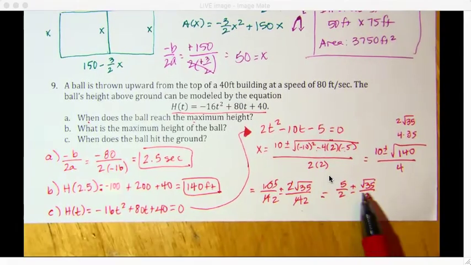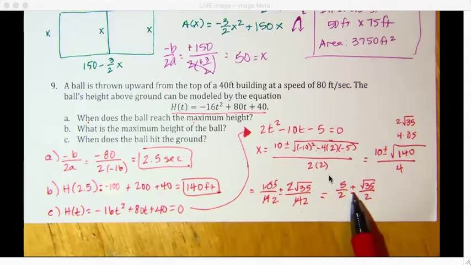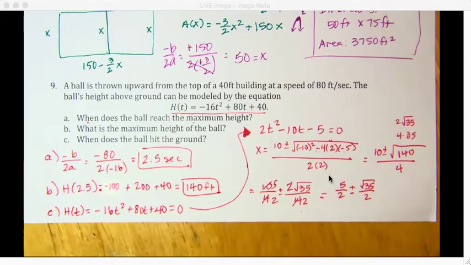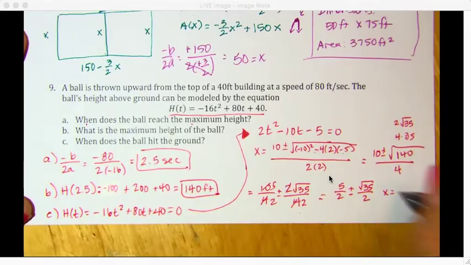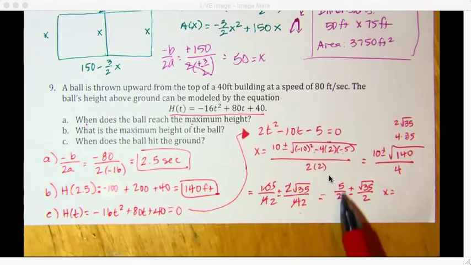Now, square root 35 over 2 is bigger than 2.5. So if I'm going to subtract that from this one, I'm going to get a negative answer. And so this minus here is not actually going to give us a solution, because we can't go back in time. So what I'm interested in is 5 over 2 plus square root of 35 over 2.